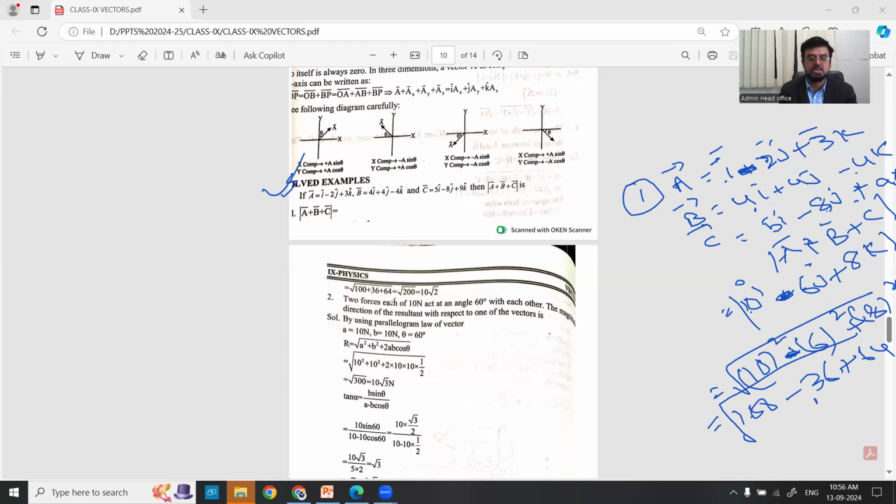Just a minute. Is this plus 36? No, wait. 6 squared we get plus only. So it will be under root of 200. That we can write as 10 root 2, because 200 is 100 into 2, so root 100 is 10 and root 2 is root 2 only. So 10 root 2 is the magnitude of A plus B plus C.